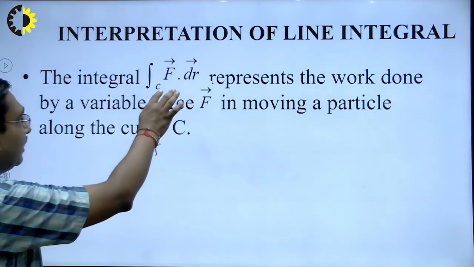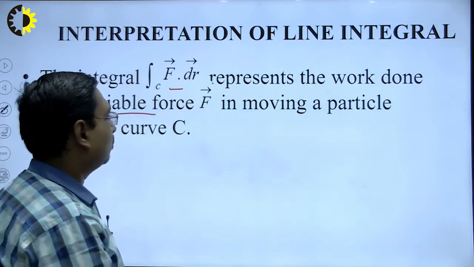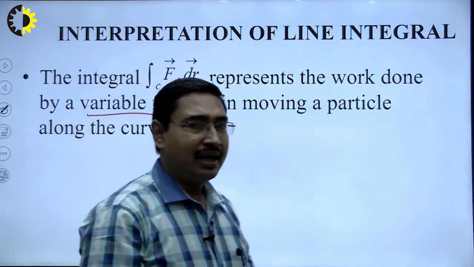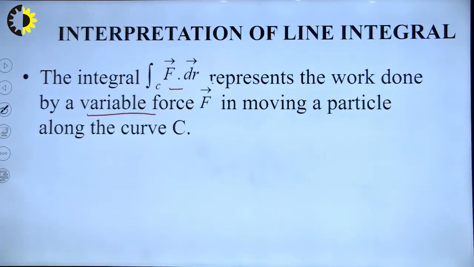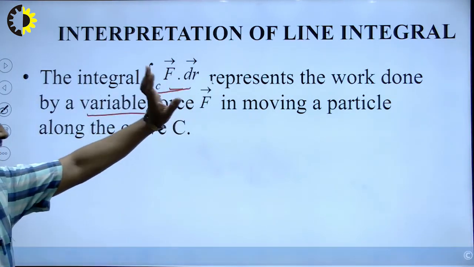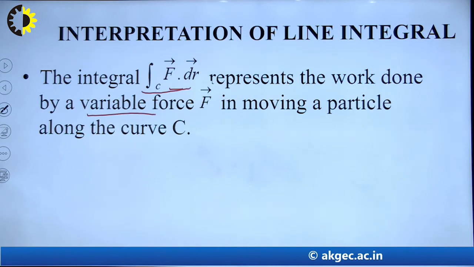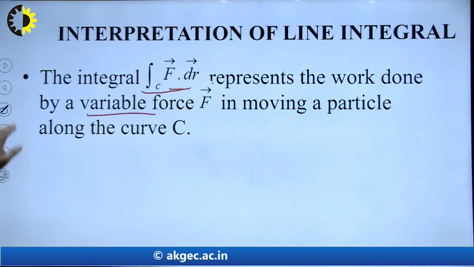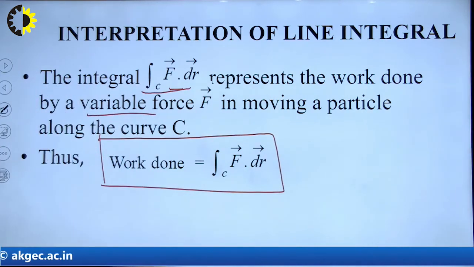The line integral over C of f dot dr represents the work done by a variable force f in moving a particle along the curve C. That is, suppose I have a variable force and this variable force moves a particle along some curve, and I calculate the integral over C of f dot dr for that force f, then this value will give the work done by that force in moving that particle along the curve C. This is the formula for work done. It is integral over C of f dot dr.